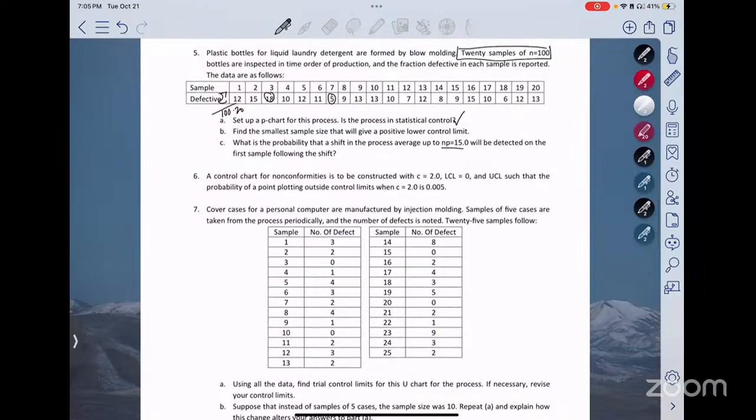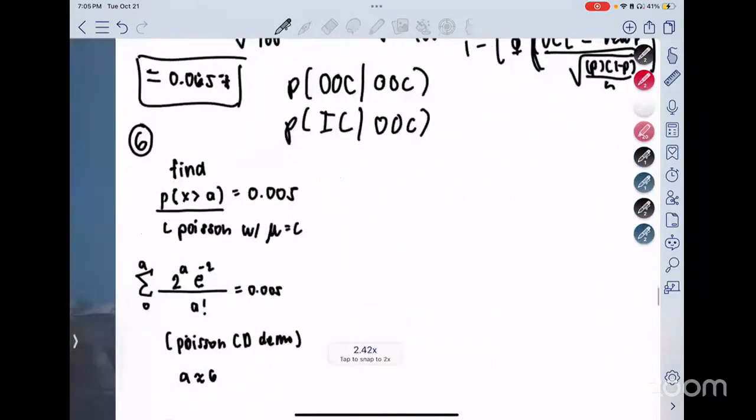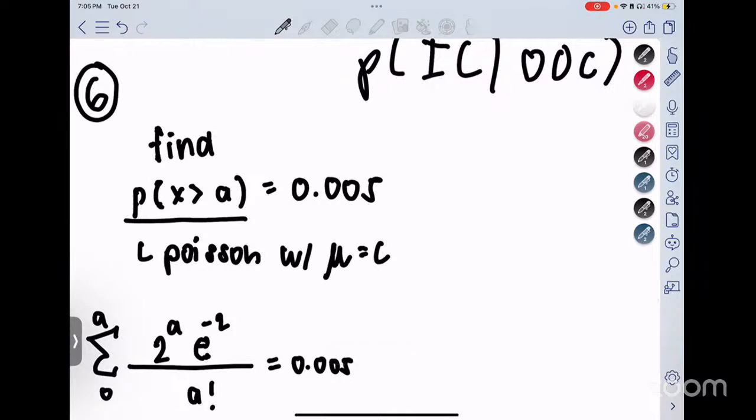For 6, a control chart of nonconformities is to be constructed with c equals 2.0, LCL equals 0, and UCL such that the probability of a point plotting outside control limits when c equals 2 is 0.005. So essentially, we want to find the probability of finding an a such that the probability of x greater than a is equal to 0.005.